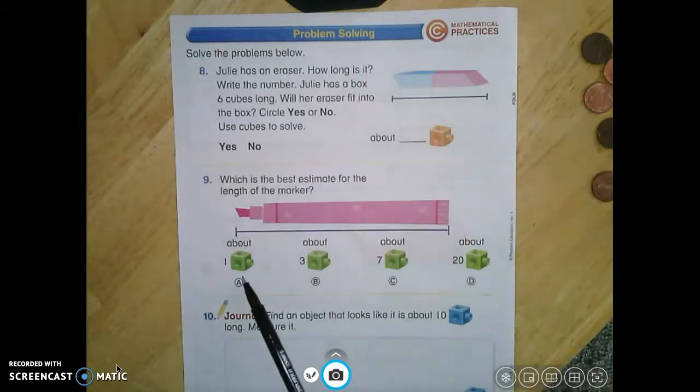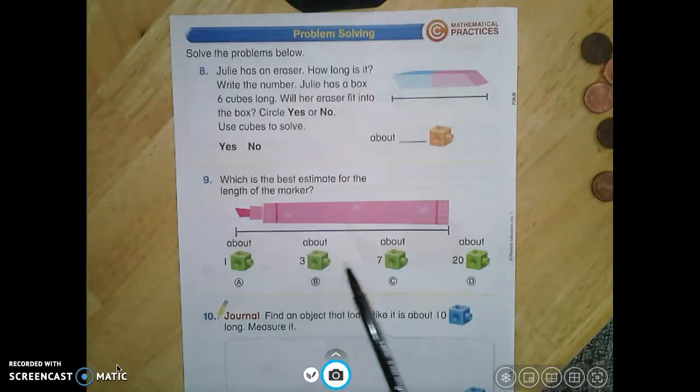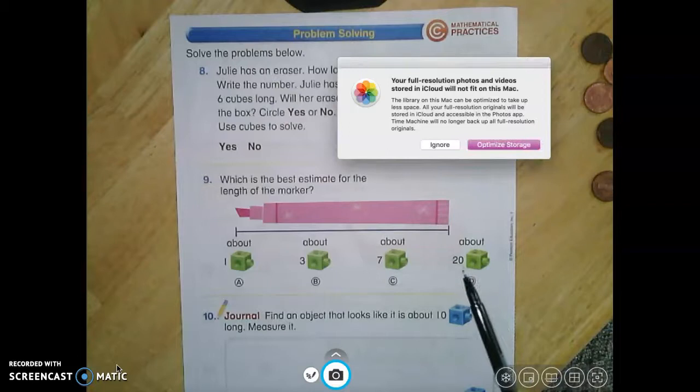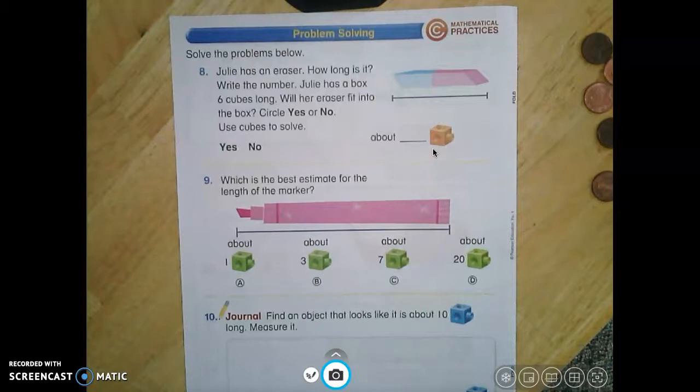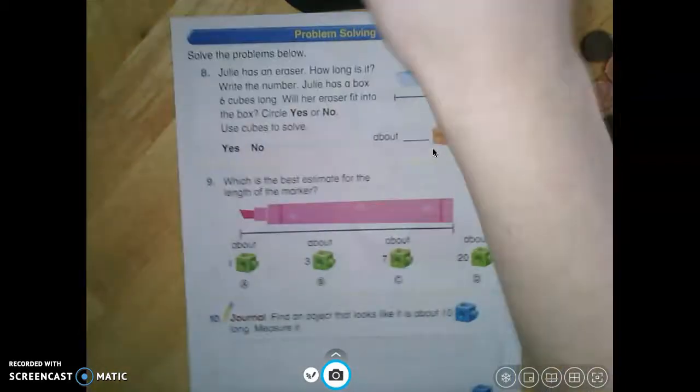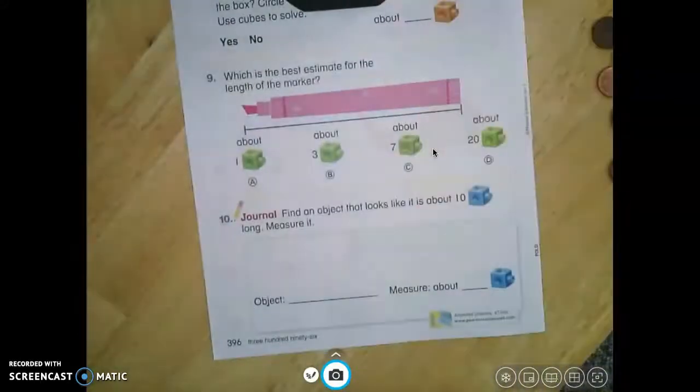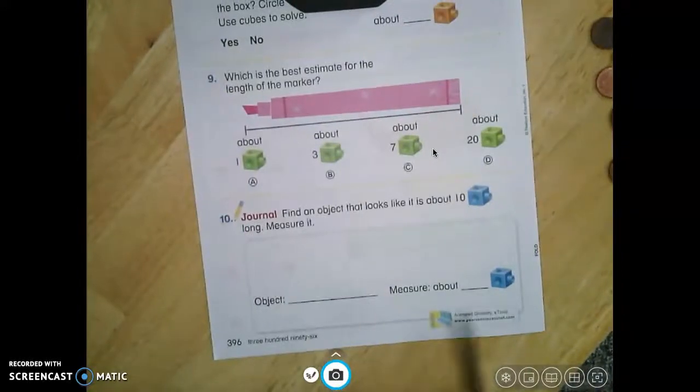Do you think this marker is about 1 cube long, about 3 cubes long, about 7 cubes long, or about 20 cubes long? The last one down at the bottom says find an object that looks like it is about 10 cubes long. Measure it. And it wants you to record on the bottom what the object is that you chose. And when it measures, it wants you to see, were you right about that? Was it about 10 cubes long?